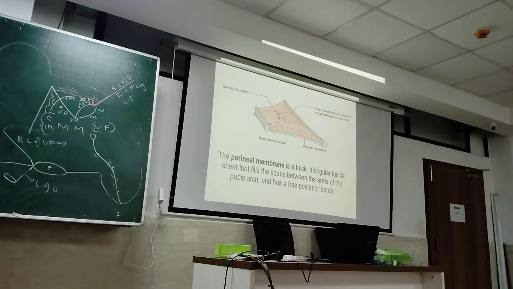The part of the urethra which passes through the deep space is the membranous urethra. The part of the urethra below the prostatic urethra is the membranous urethra, and surrounding the membranous urethra is the voluntary urethral sphincter.